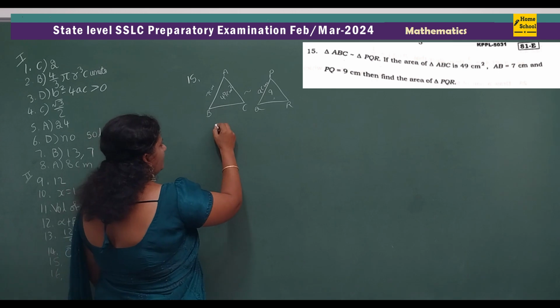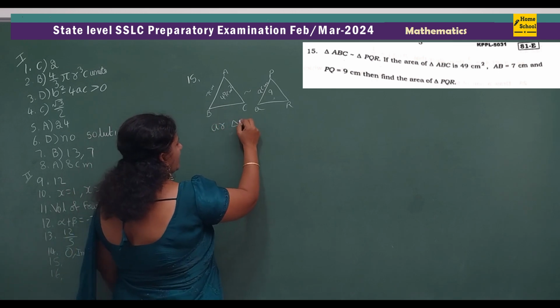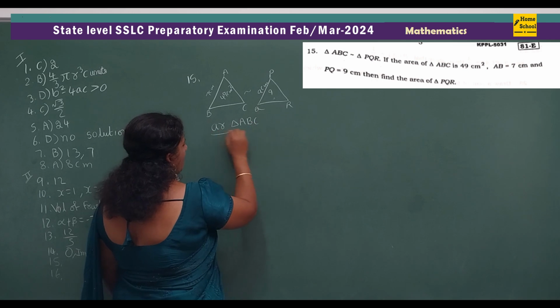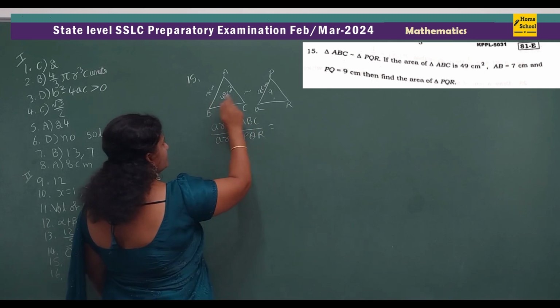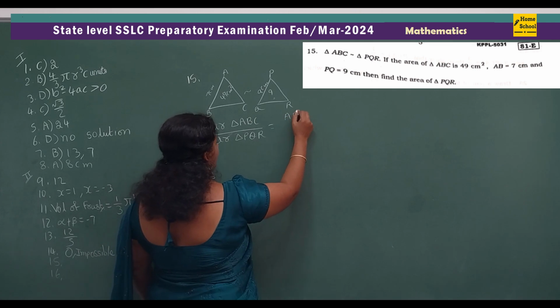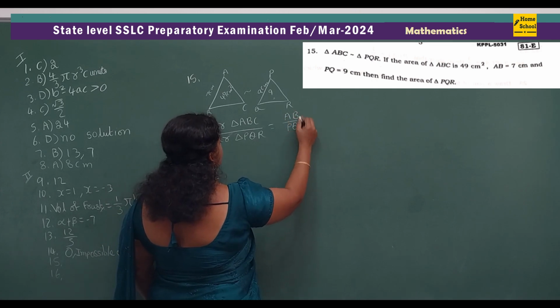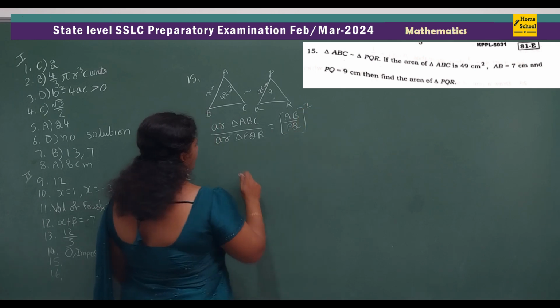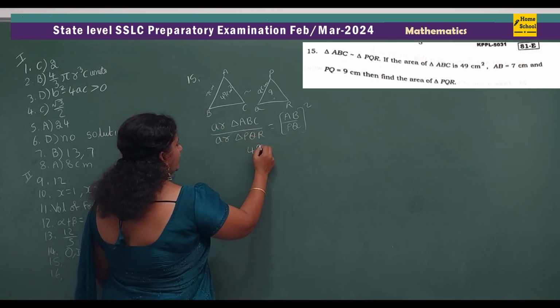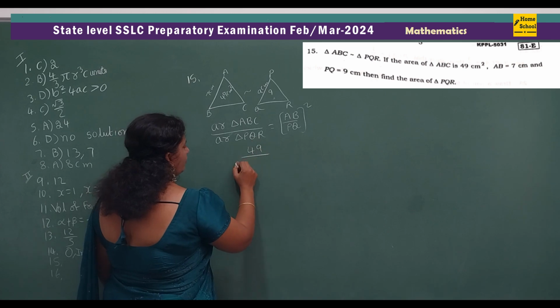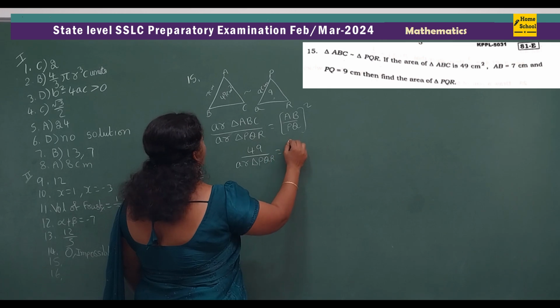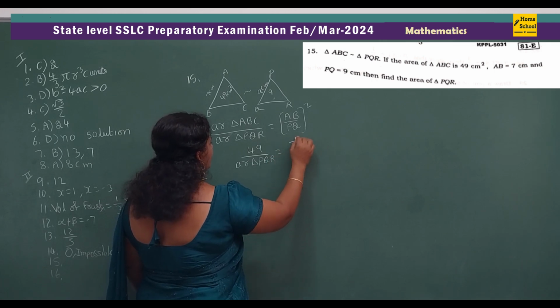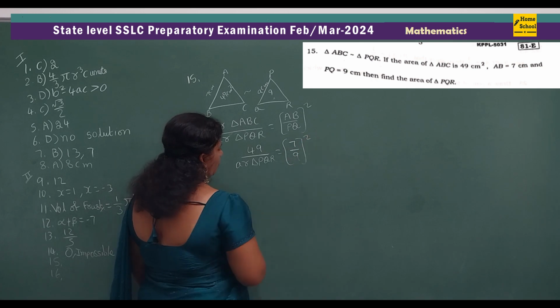So apply that here. Area of triangle ABC by area of triangle PQR is equal to, which sides are we going to take? AB by PQ whole square. Area of triangle ABC is 49. PQR we don't know, we need to find that one. AB is 7, PQ is 9. 7 by 9 whole square.